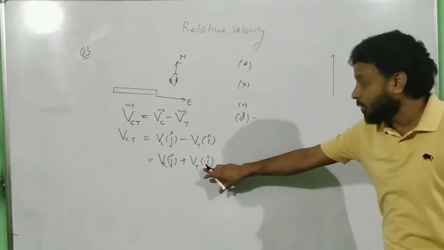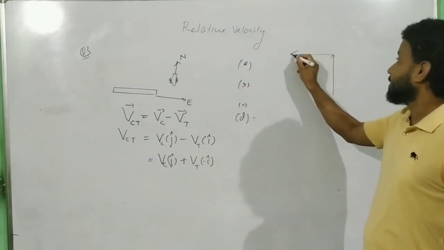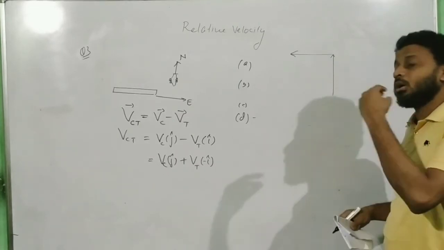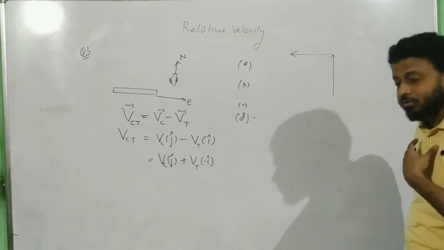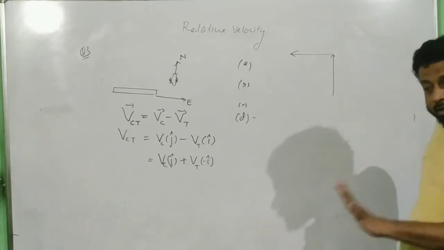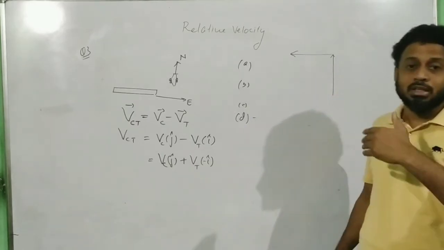Okay. So now after playing that trick, the velocity is in the minus i cap direction, so it is in this direction. That is what I have kept telling you. Relative velocity: always provide the velocity of the observer to the object, but in the opposite direction, and that will make sure that the observer is at rest.